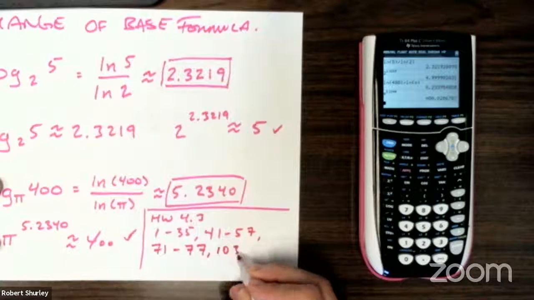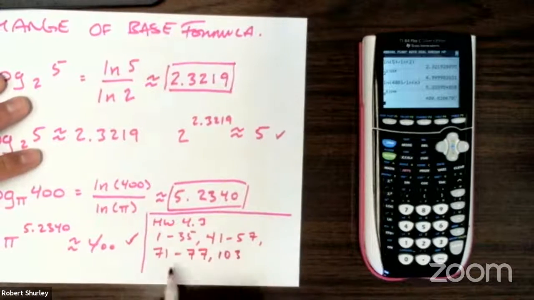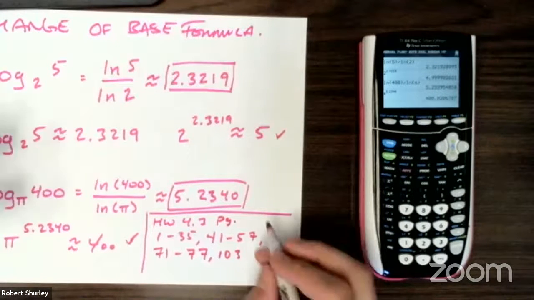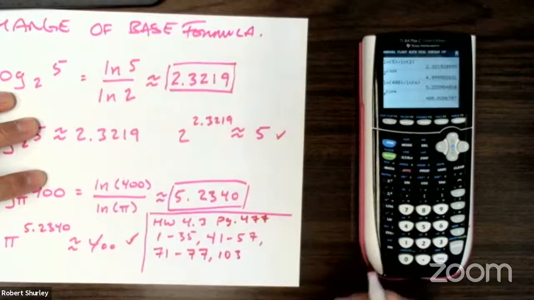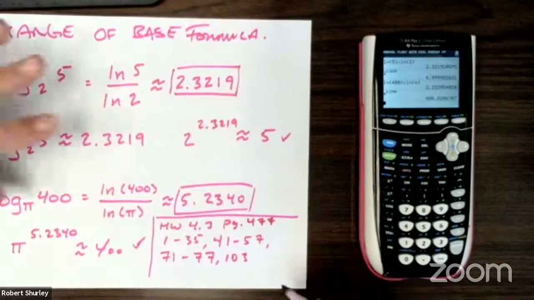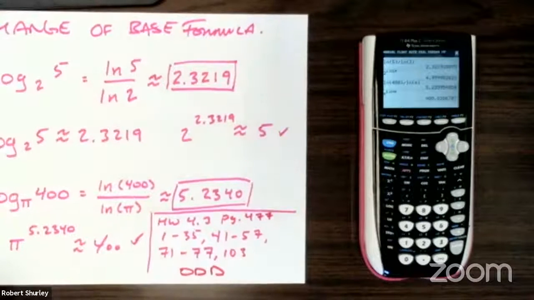And then this isn't that much actually, because it's all cut up. But look at 103 as well. Okay, so that's the homework. It starts on page 477. Page 477, 1 through 35, 41 through 57, 71 through 77. These are all going to be odd. Okay, all odd. So get that homework done.